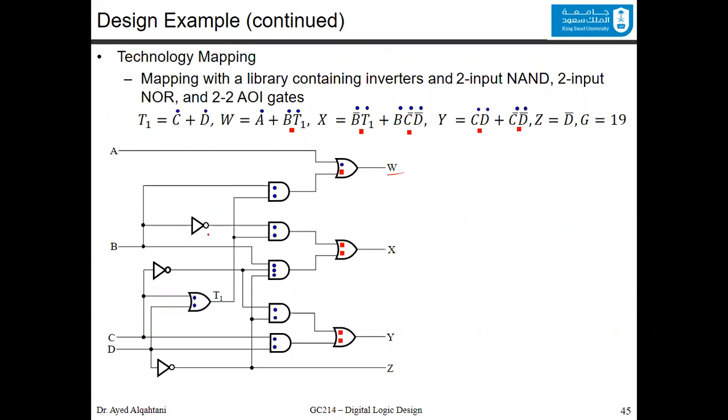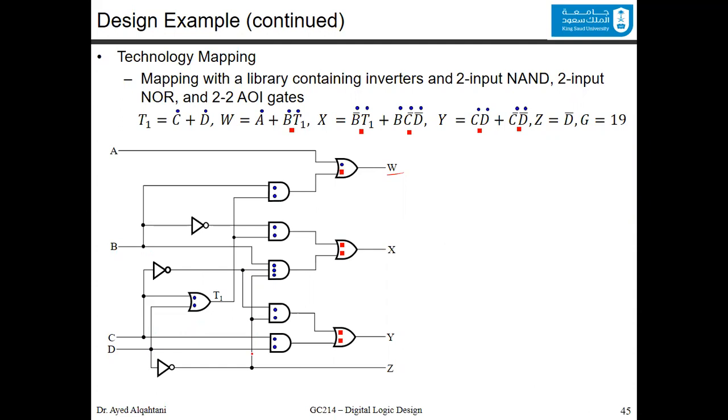So you take B bar with T1, and you will have the other term B, C bar, ANDed with D bar.